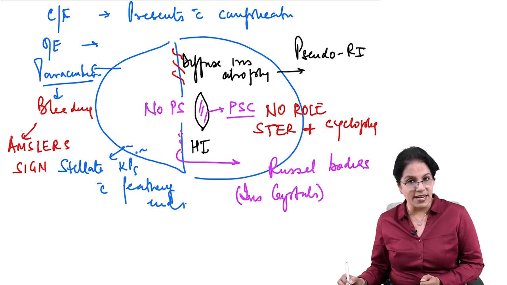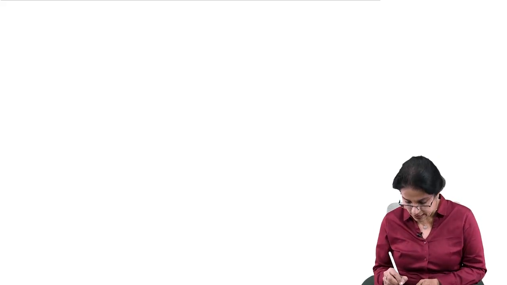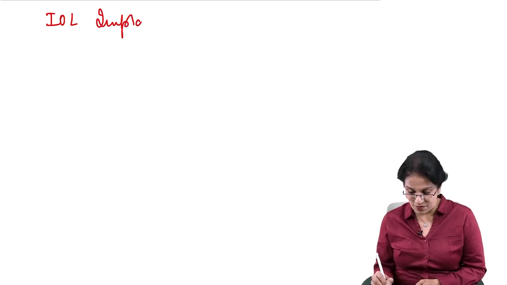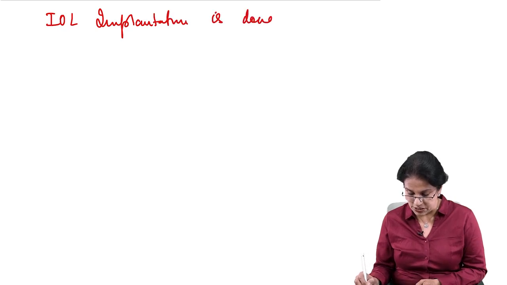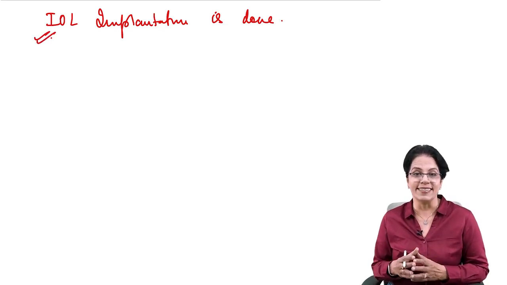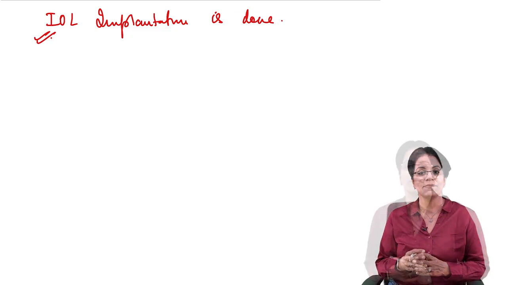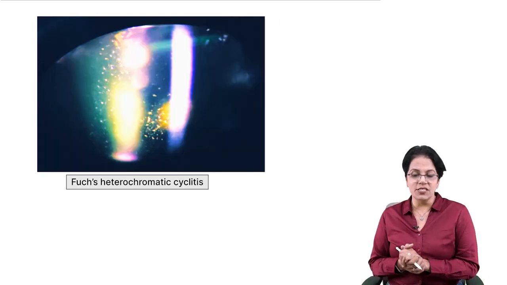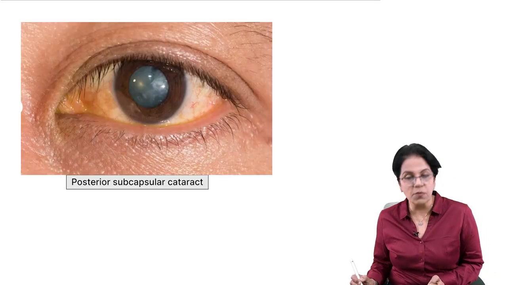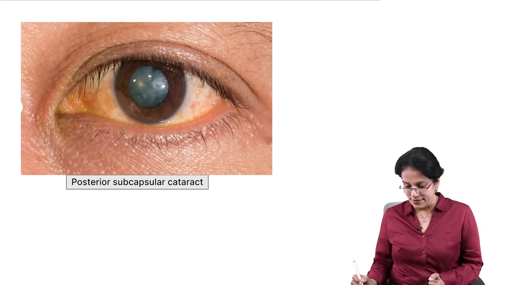When we are treating this cataract, we have to remember that IOL implantation is very much possible. This is an important exam question. And this is done in this condition, whereas it is avoided in JRA. Just keep this in mind. So, these are the stellate KPs. What is stellate? Mainly we are talking about star-shaped KPs. And this is your posterior subcapsular cataract.